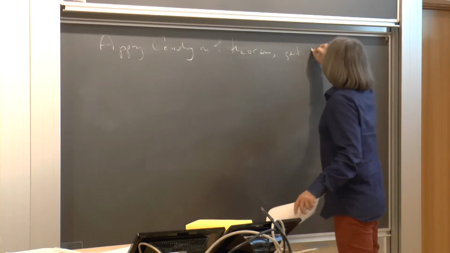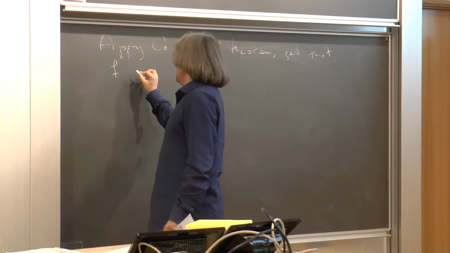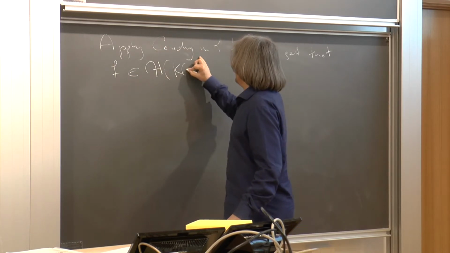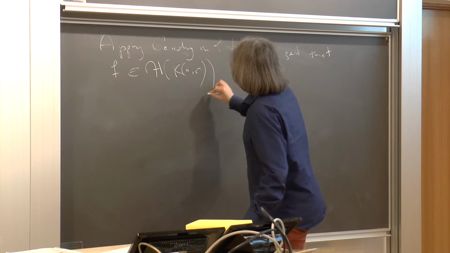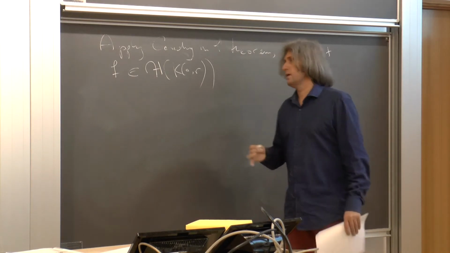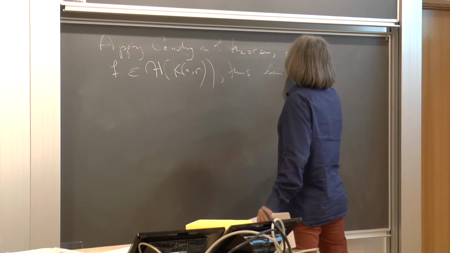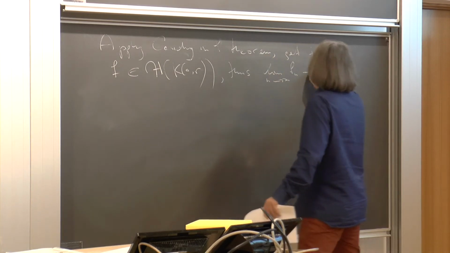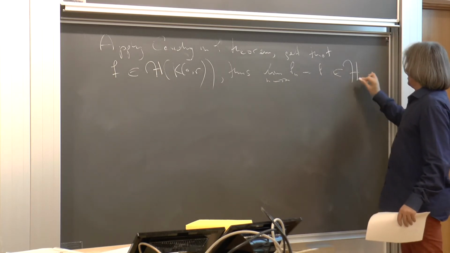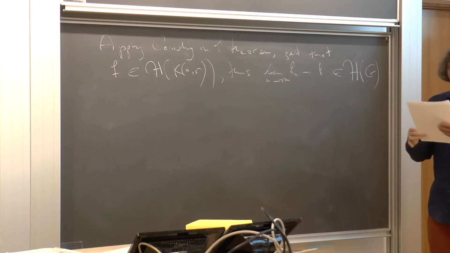We get that the limit f is holomorphic in each disk K, A, R. But it's a local condition, it's a condition around every point. So thus, the limit of Fn, which is f, is holomorphic in the whole G.